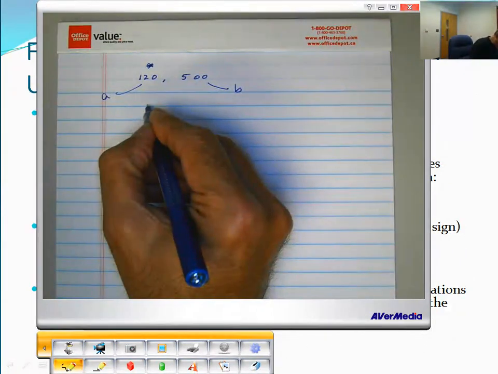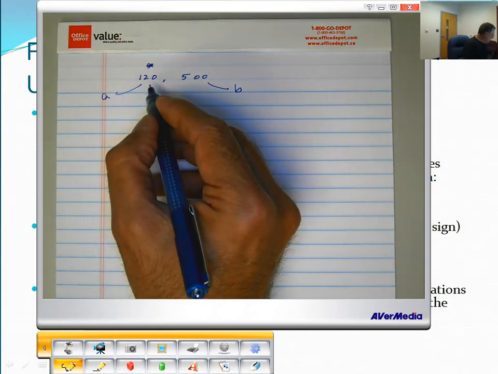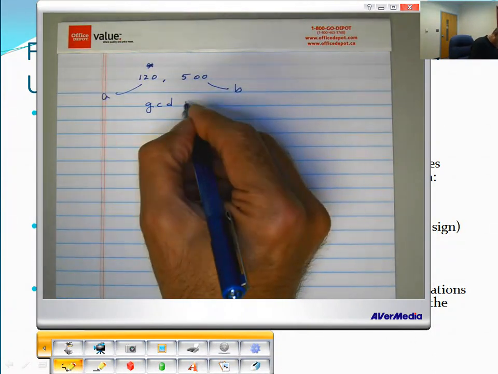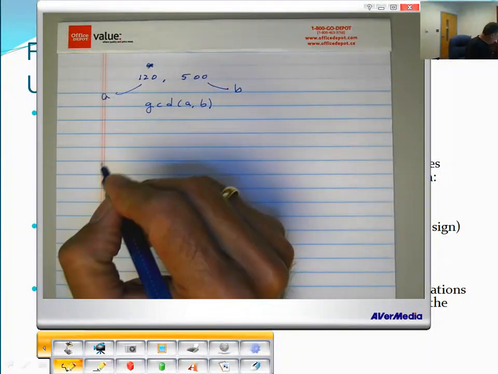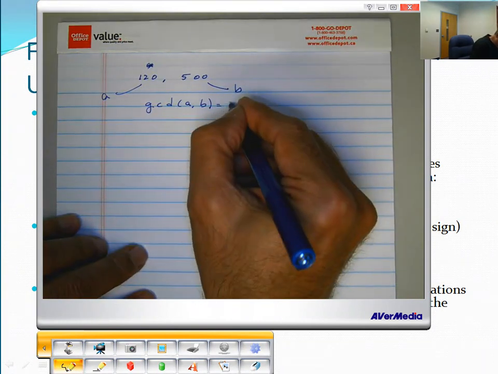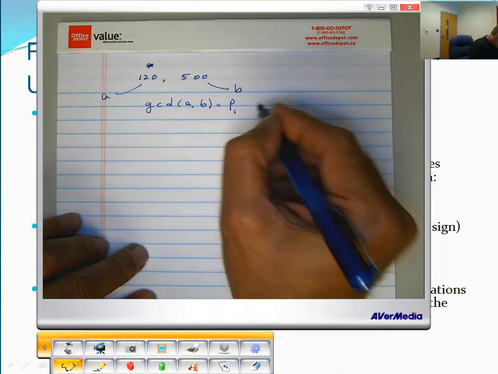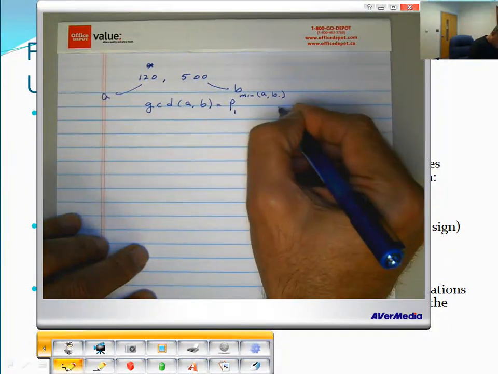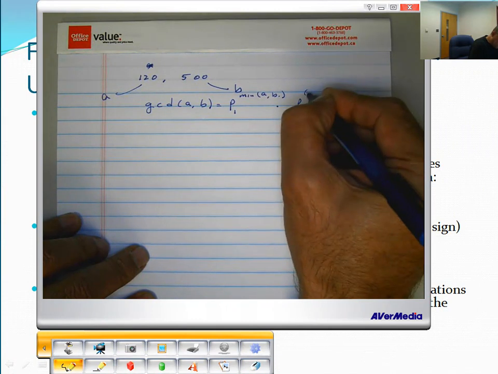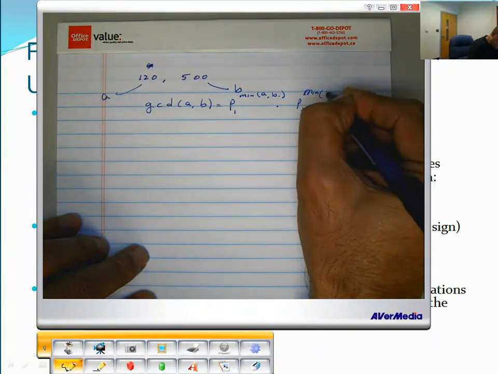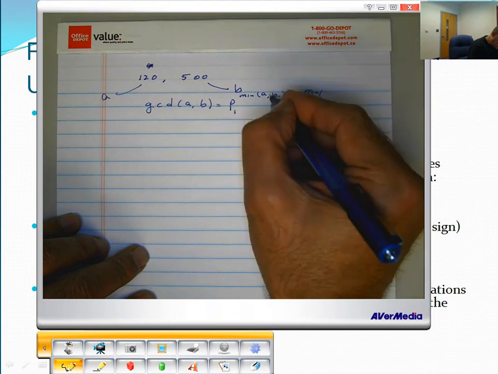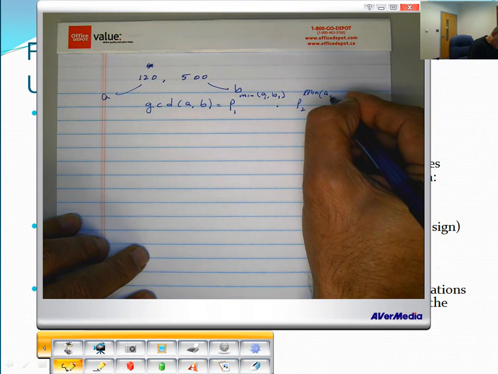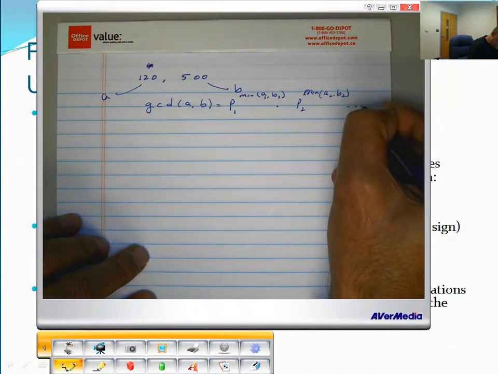We want to find the GCD, or the greatest common divisor of A and B. And we said that is equal to P1 to the power of minimum of A1, B1, multiplied by P2 to the power of minimum of A2, B2, and so forth.